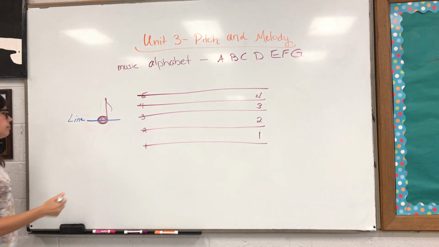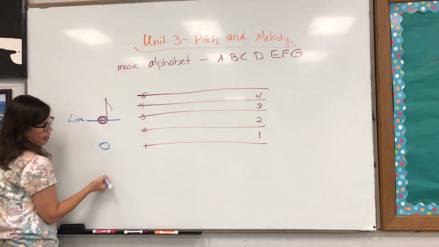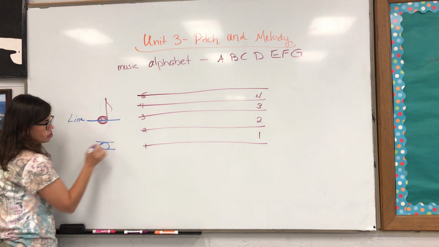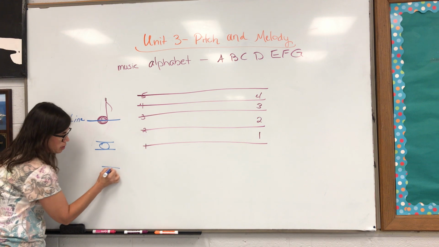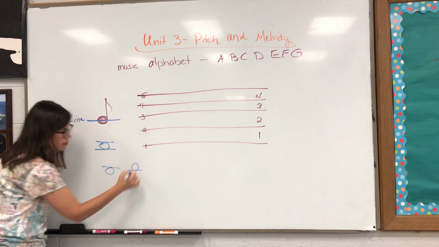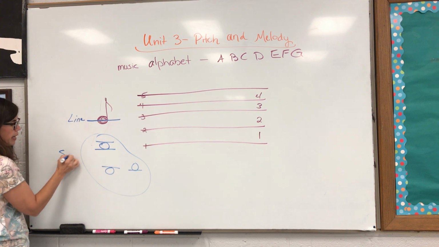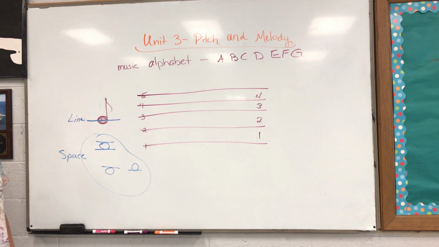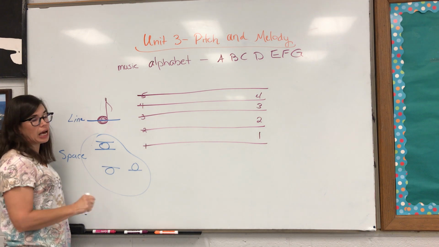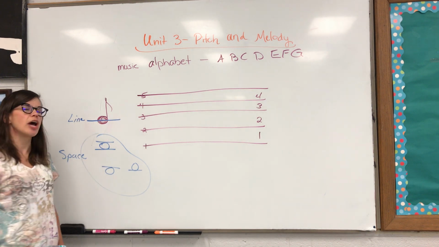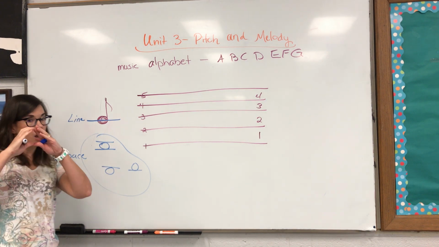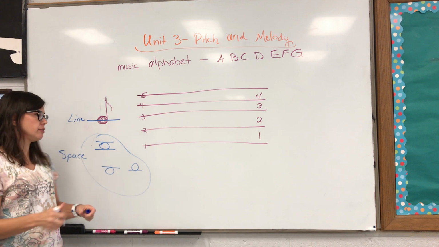If, however, that note head is sitting in between 2 lines, or sitting below a line, or on top of a line, these are all examples of space notes, okay? In order for it to be a line note, the line has to go directly through the center of the circle, of the note head, okay?